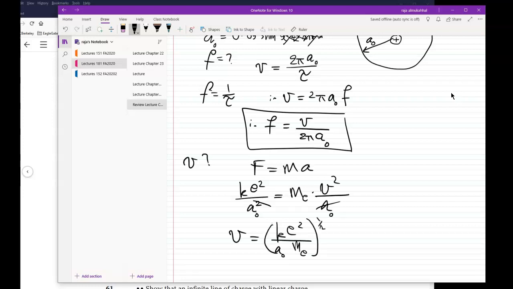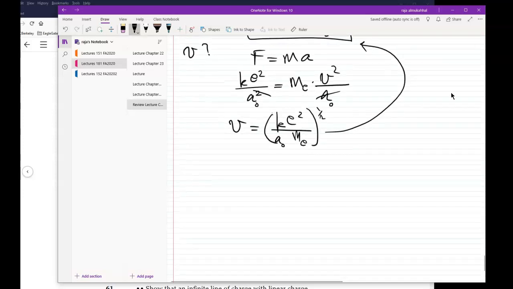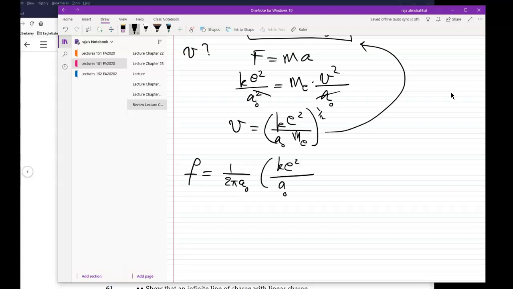Then I plug it back in, and the frequency is equal to 1 over 2 pi a naught, times k e squared over a naught m sub e, to the power of half. And there we go. That's the frequency. Plug it in and get the answer.